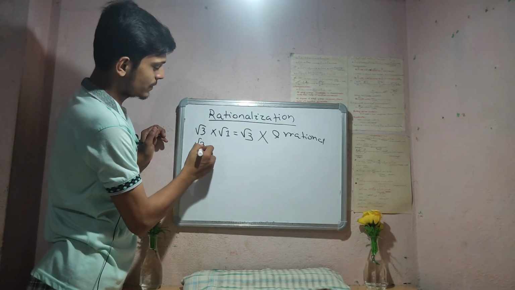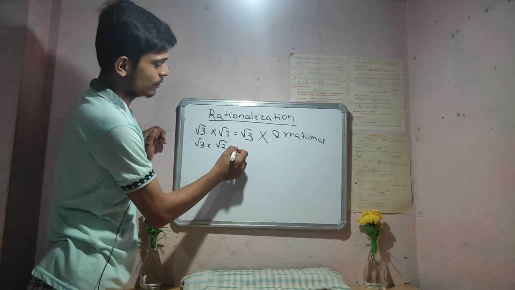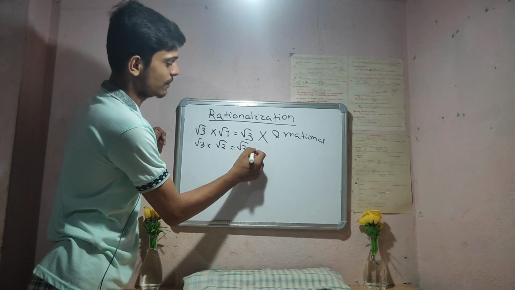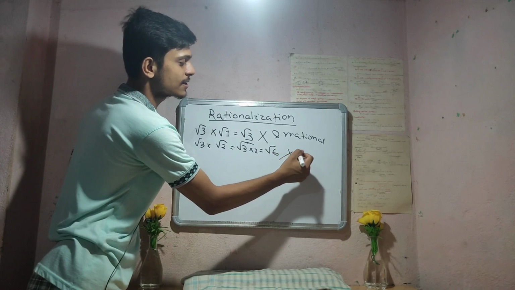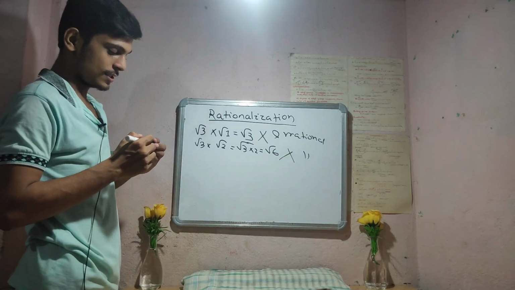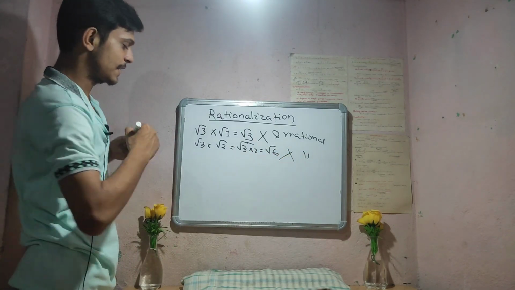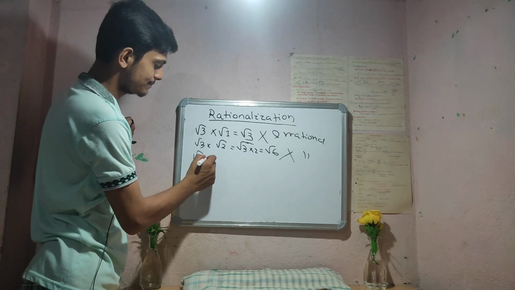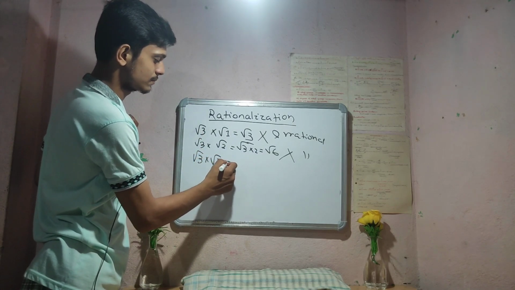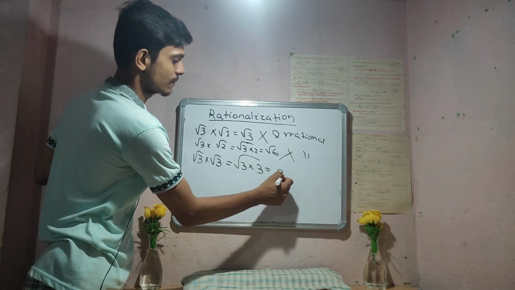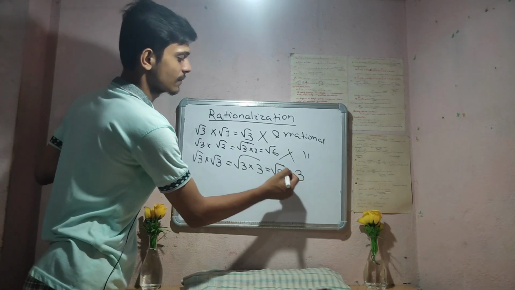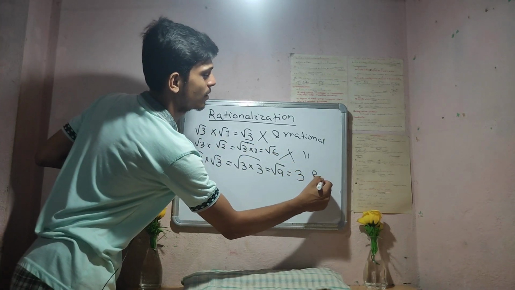So the square root of 3 multiplied by the square root of 2 is the square root of 6. This is also an irrational number. Yes or no? Then this is a rational number.